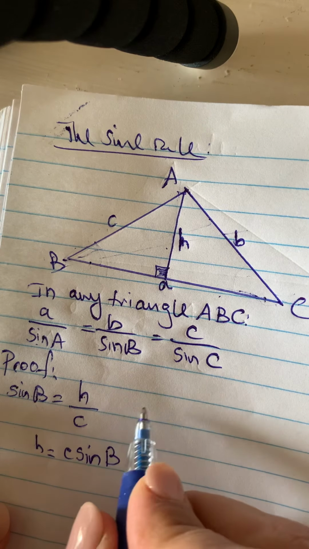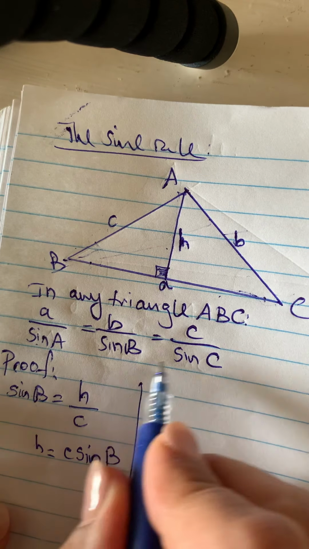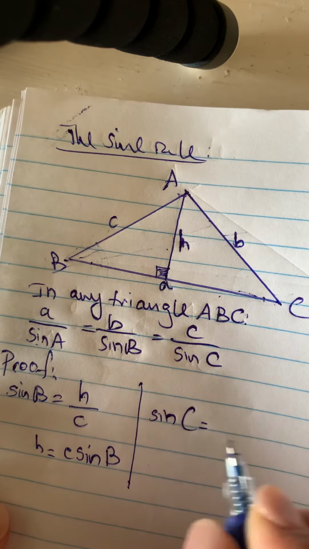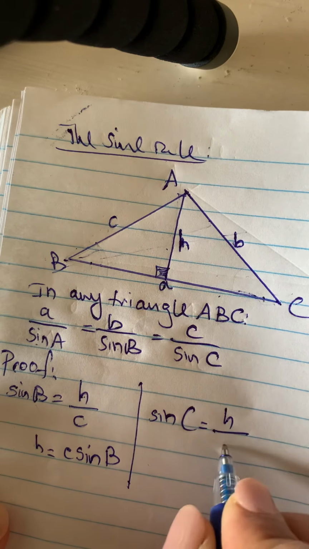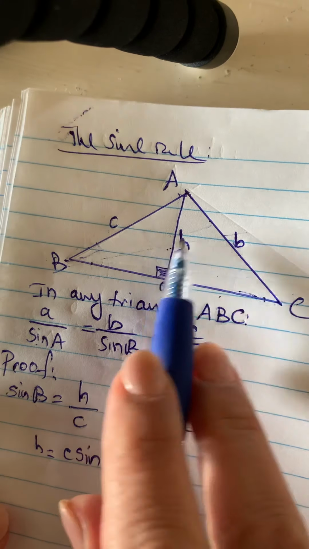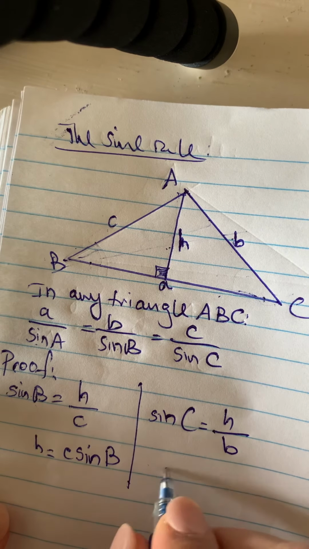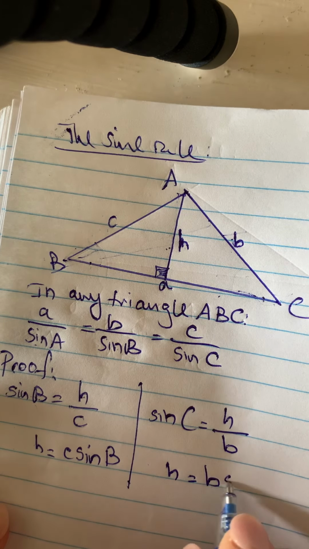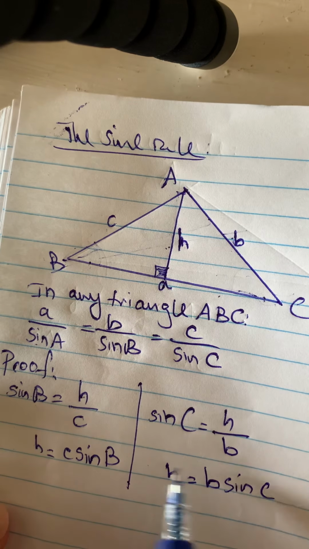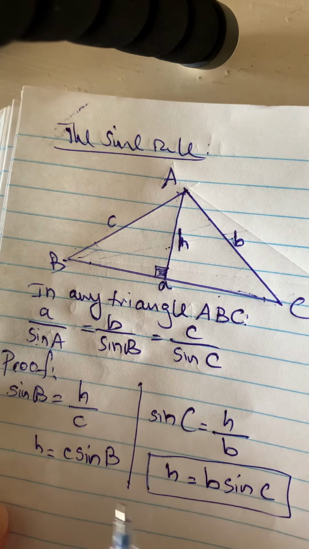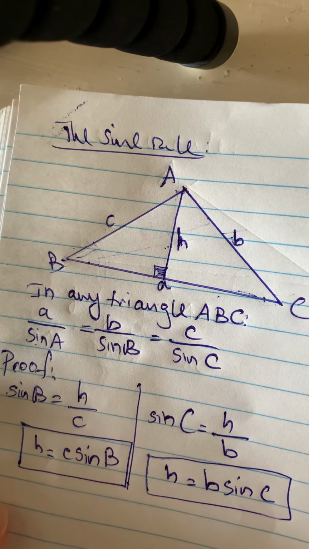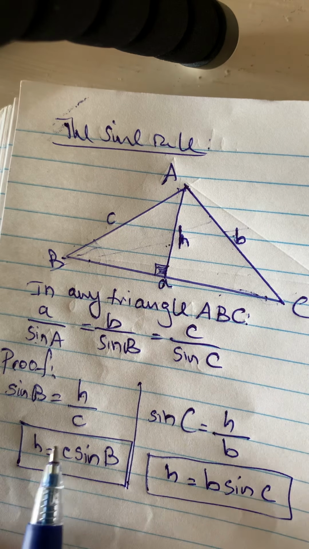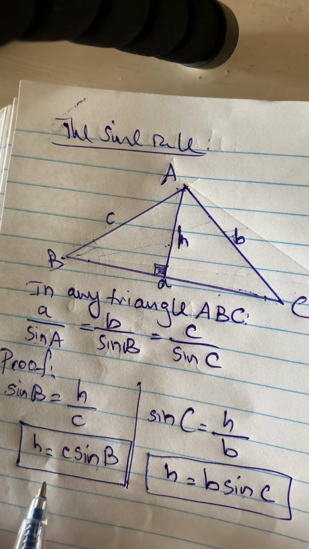Now we're going to do the same for angle C. So sine C equals H on lowercase b, side b, opposite on hypotenuse, which means H is b sine C. Notice that H is b sine C, H is also c sine B. So then that means c sine B is equal to b sine C, yeah?